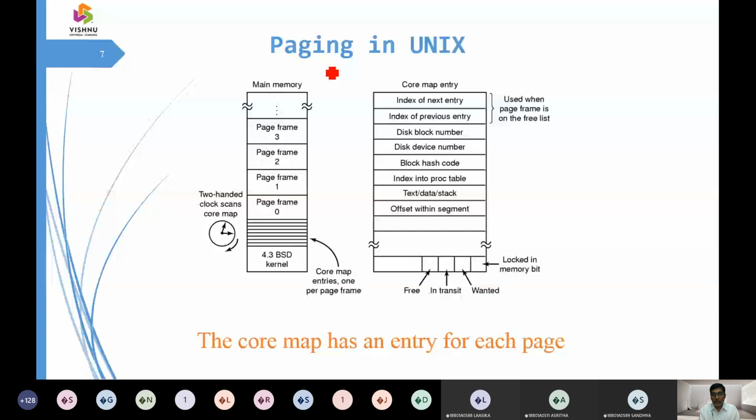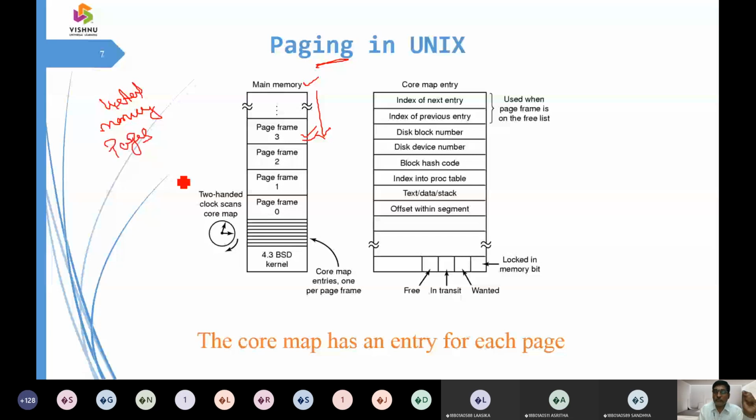Paging in the Unix operating system. Here we can see the main memory, which is going to have some page frames. But as far as virtual memory is concerned, it is going to have some pages.